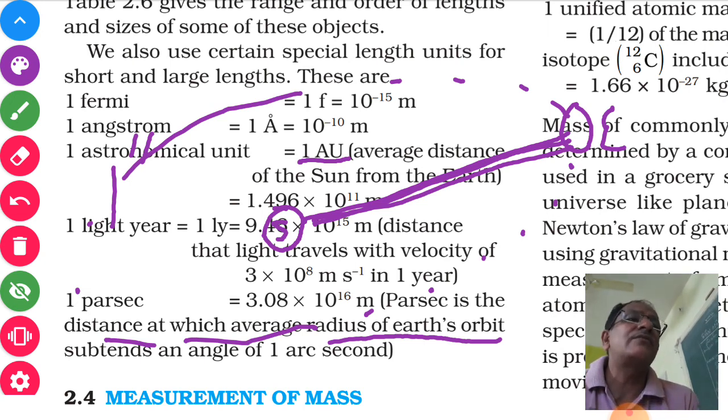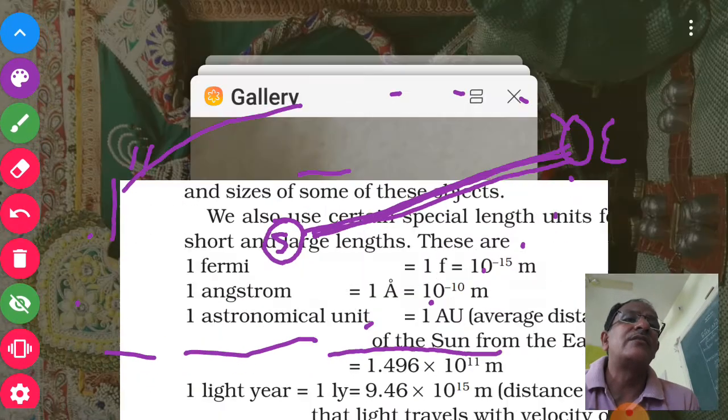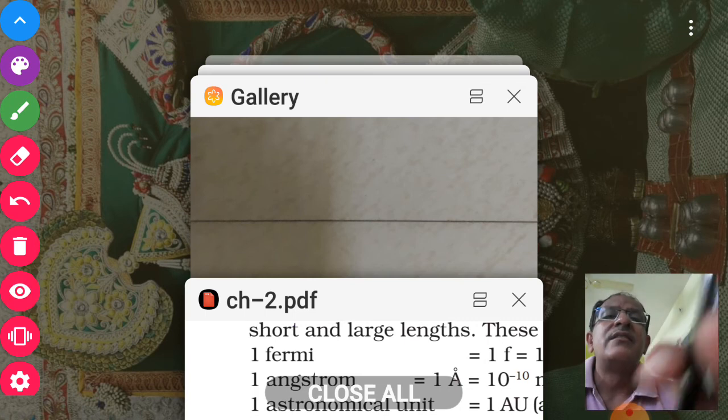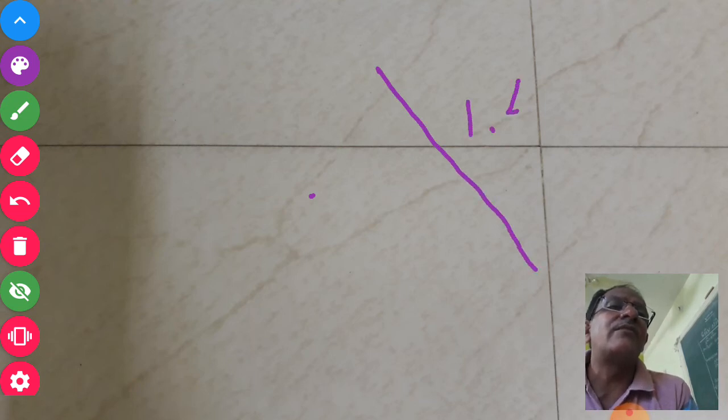So, if you take 1.496 into 10 raised to 11 meter distance, how much distance are you taking? I am showing it here. This is a distance of 1.496 into 10 raised to 11 meter.